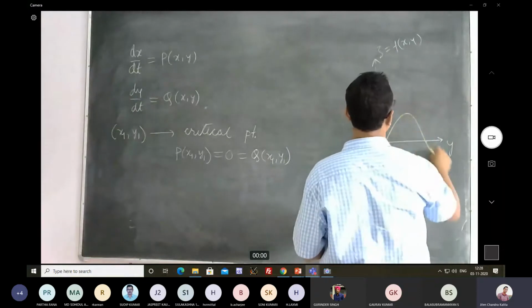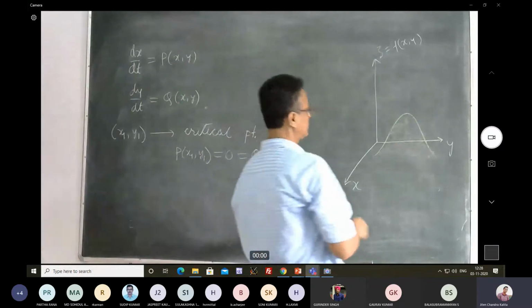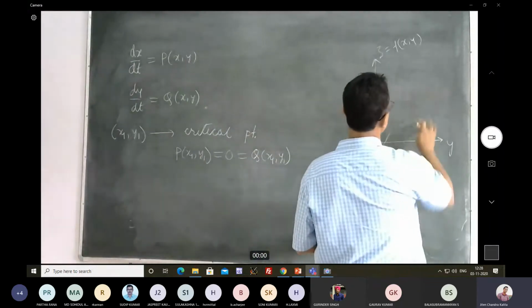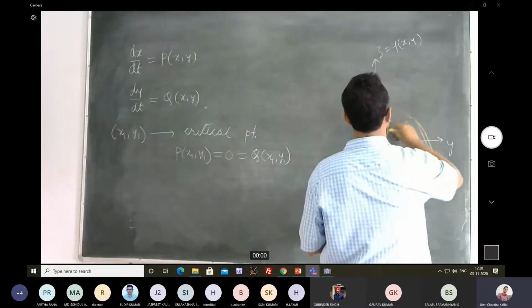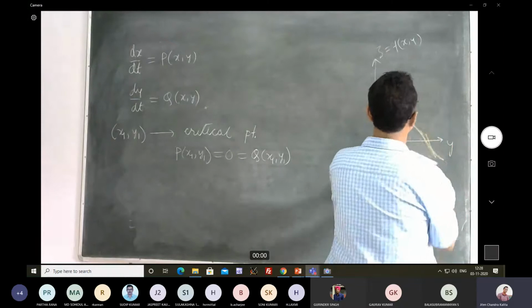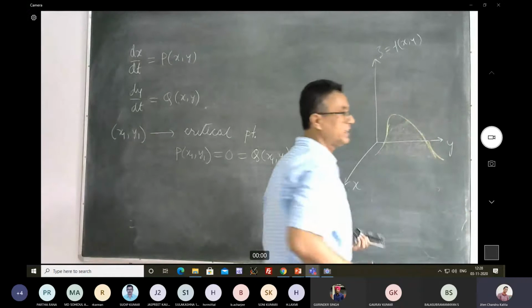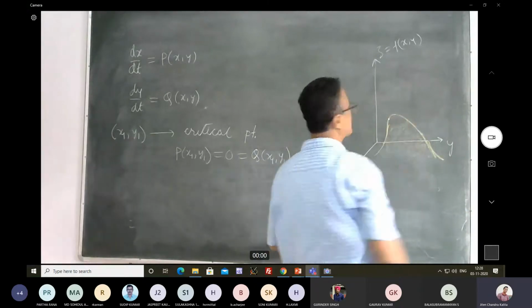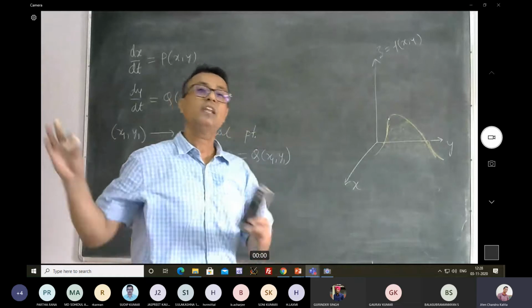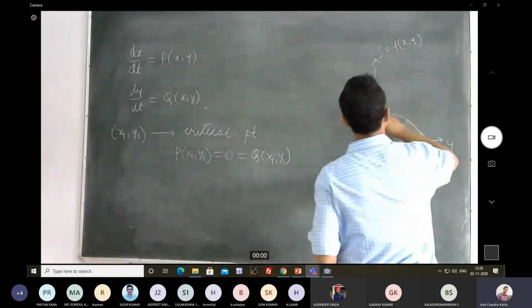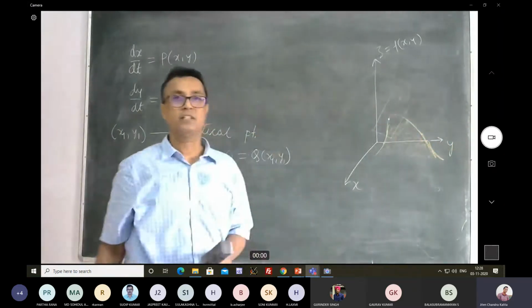Suppose it is a surface, something like this. At a particular point, I want to approximate the value of the function. Like before, I'm going to draw a tangent here.